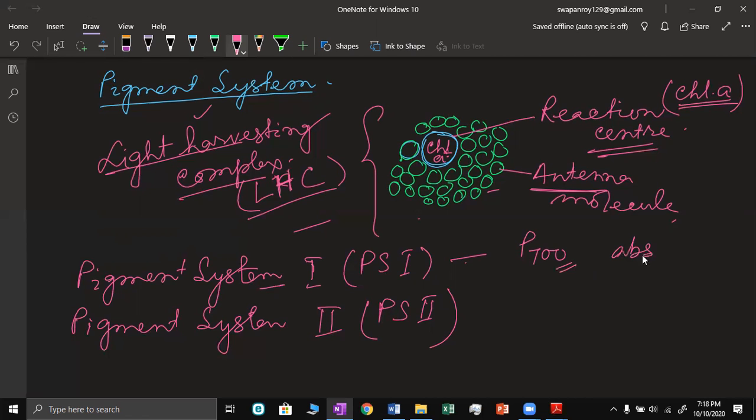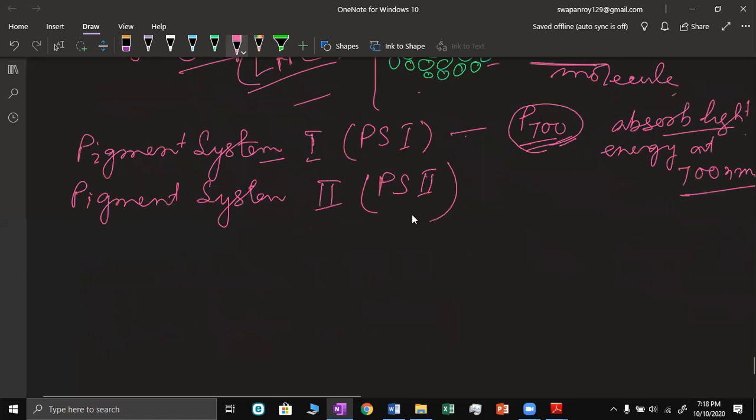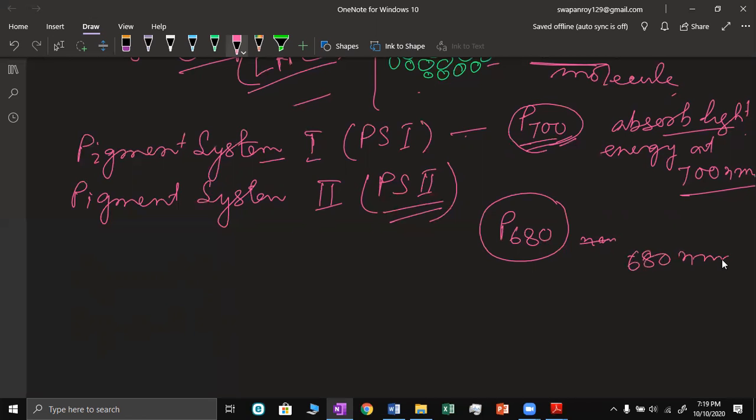In PS2 it is P680, which absorbs light energy at 680 nm, maximum absorption. This is the absorption maxima.